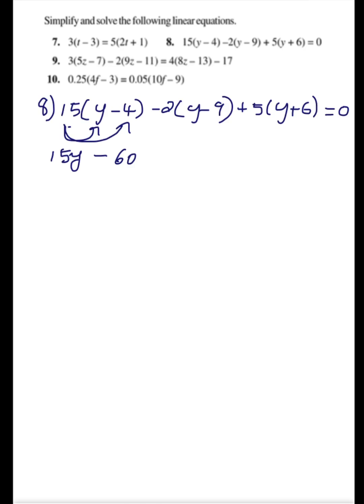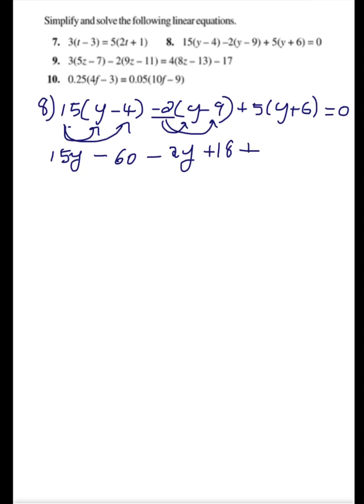Now minus 2 into y. What is minus 2? You should not simply take 2 into y. Okay, that minus should be considered. Otherwise, your answer will go wrong. Okay, so minus 2 into y is what? Minus 2y. Okay, now minus 2 into minus 9. What is minus 2 into minus 9? It's plus 18. Okay, minus 2 into minus 9 is plus 18.